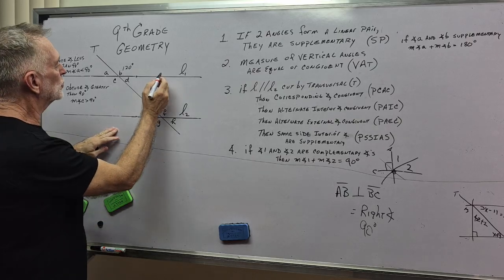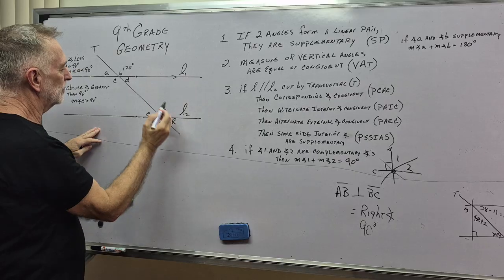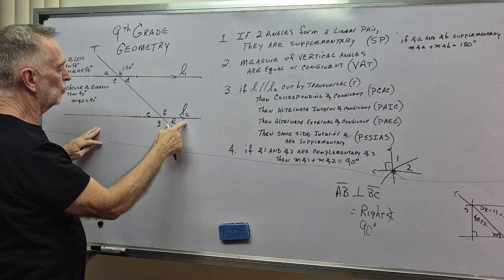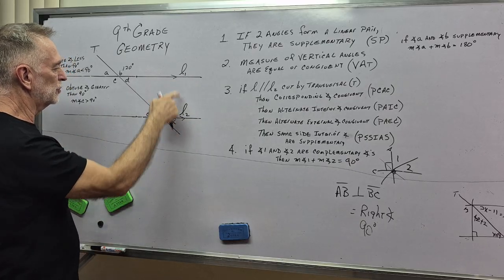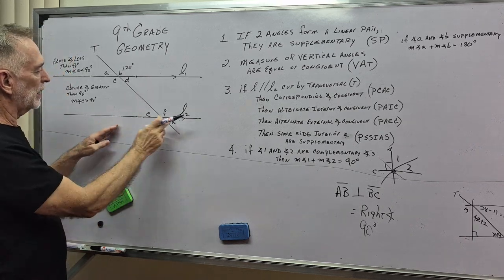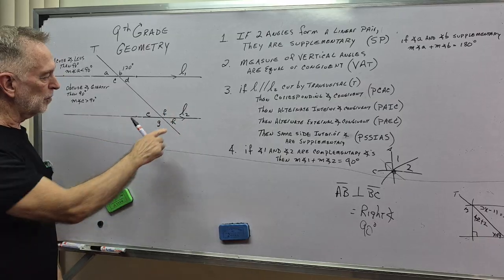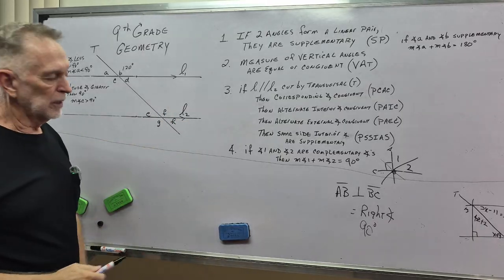Now, in some of your textbooks, they may have something like this, one little notch here saying these two lines are parallel. Maybe if they have more lines, they may have two of these or three of them, but you can count the number of these symbols.